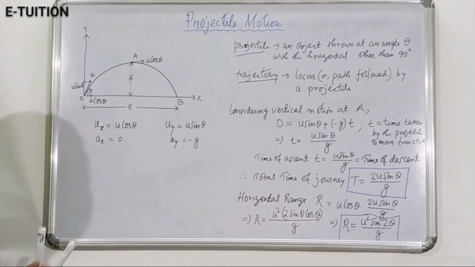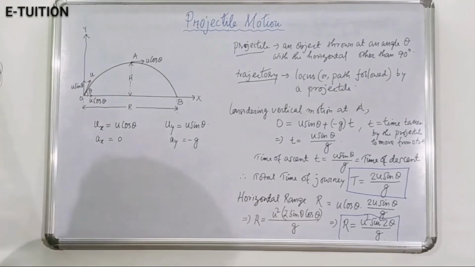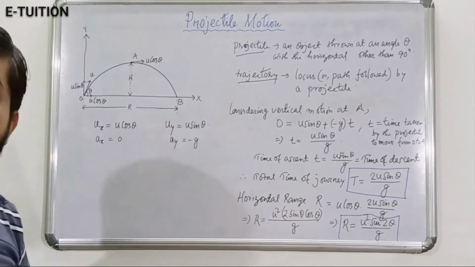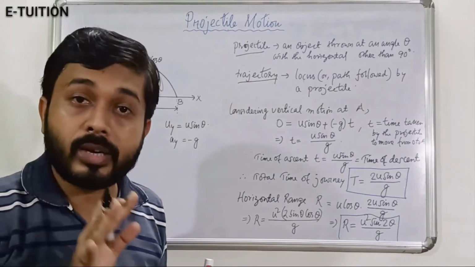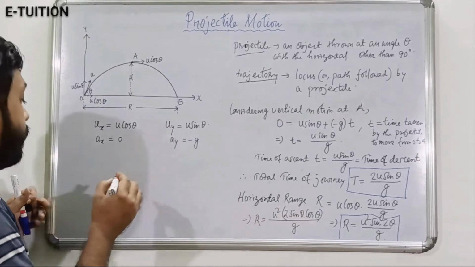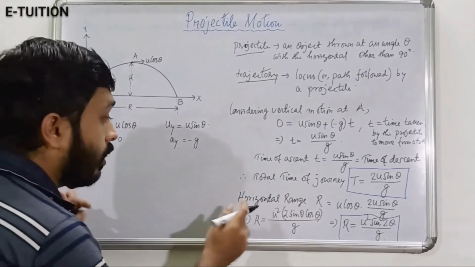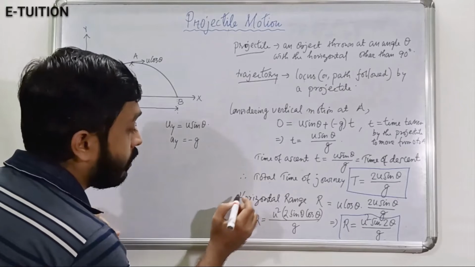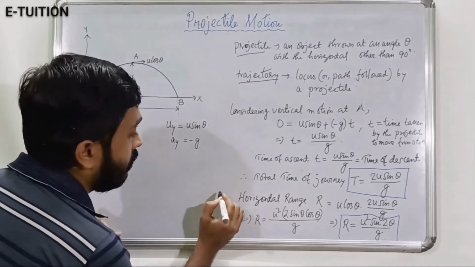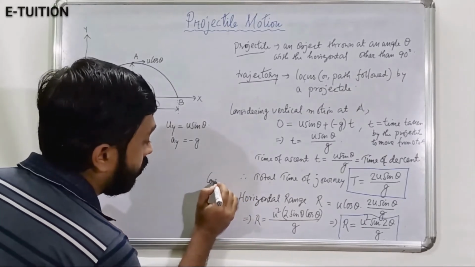Now we need to find out the maximum height ascended. That we can find out by making use of another equation of motion, v squared equal to u square plus 2as. Alright. This horizontal range we have calculated considering the horizontal motion. I am writing for the sake of your understanding.